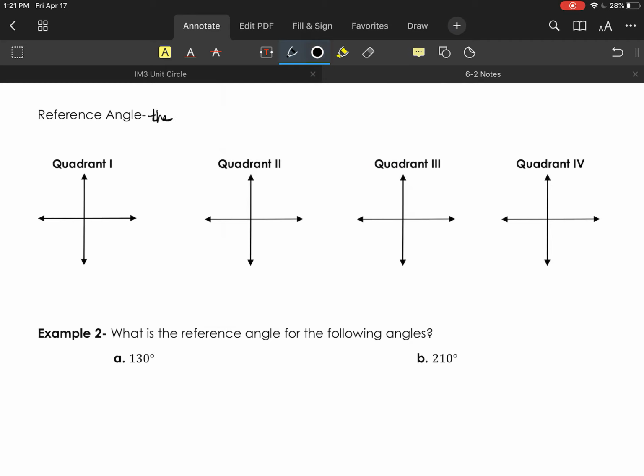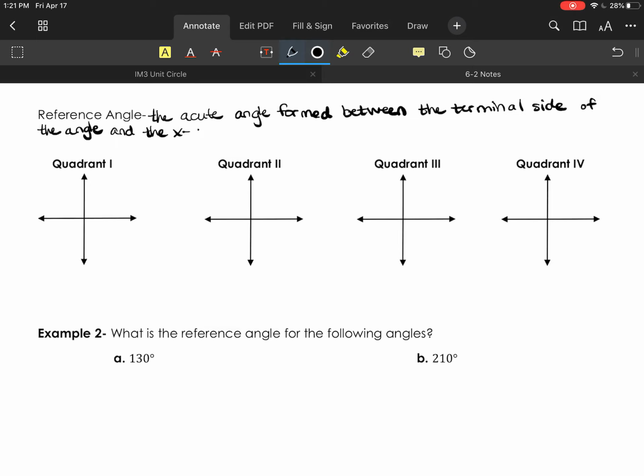So, here's your definition of a reference angle. A reference angle is the acute angle formed between the terminal side of the angle and the x-axis.